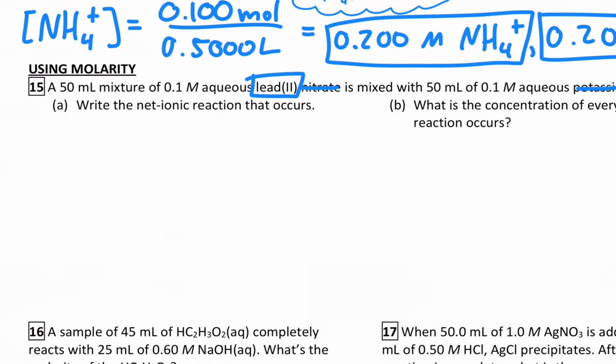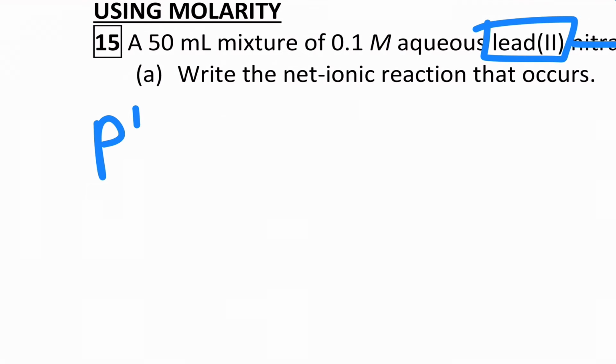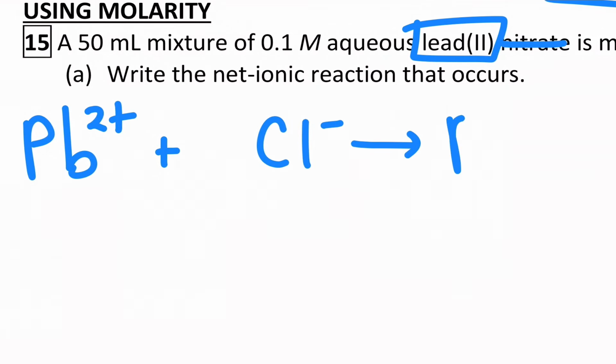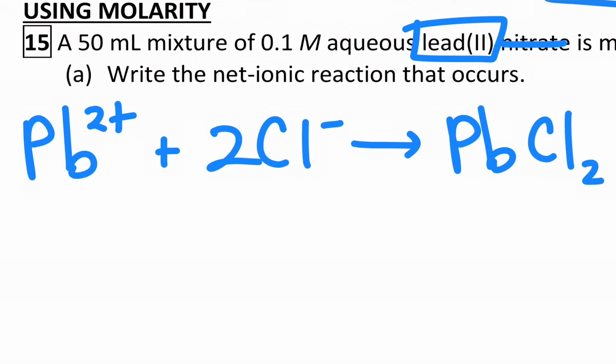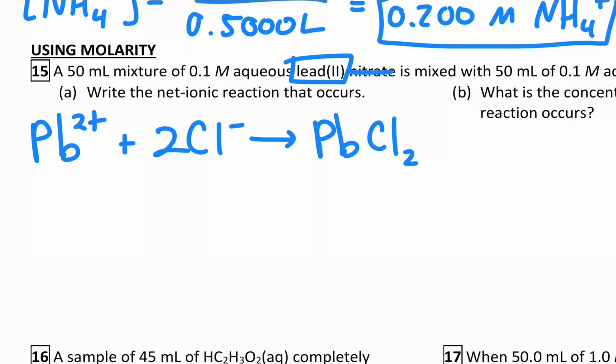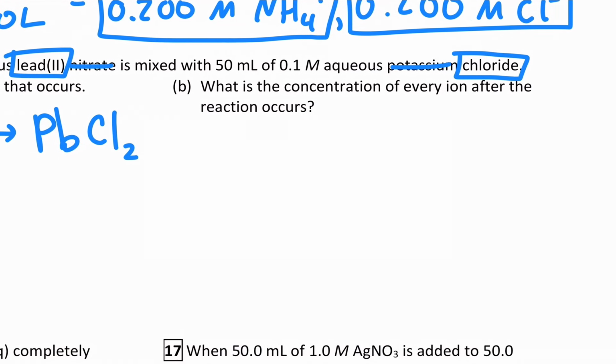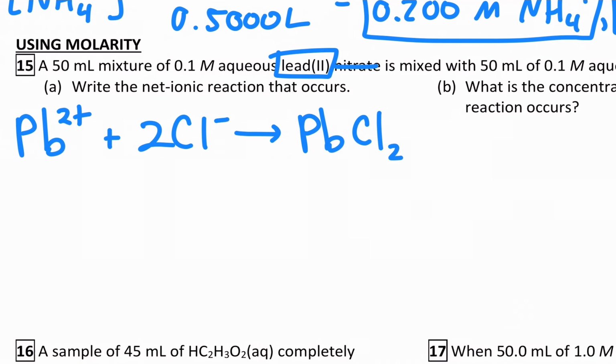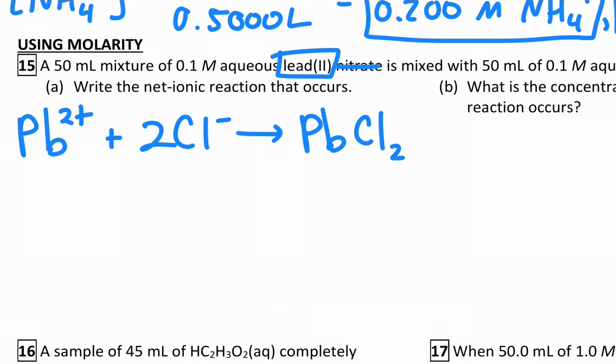And my net ionic is just the sum of those ions, Pb2+ plus chloride will make lead 2 chloride, PbCl2. That means I need 2 chlorides. And then it says, what's the concentration of every ion after the reaction occurs? So I need to use this information of volume and molarity for each one.